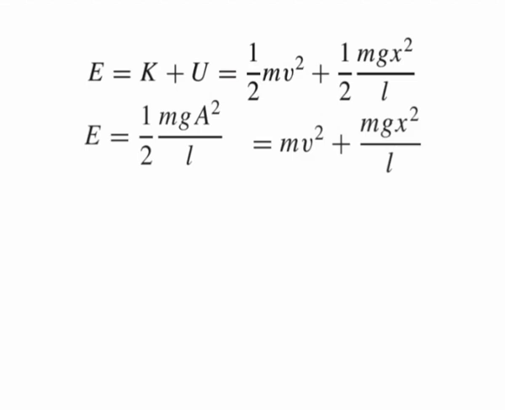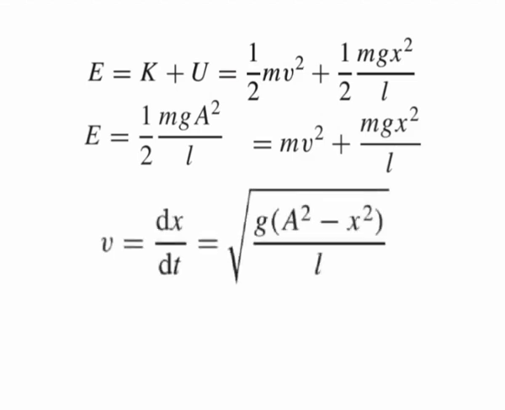We can use equation B to obtain expressions for velocity v and displacement x as v = dx/dt = √(g(a² - x²)/L). This expression describes how the velocity changes with the displacement x in simple harmonic motion.